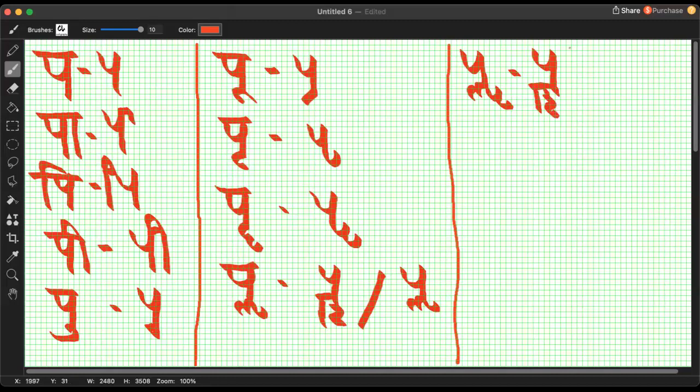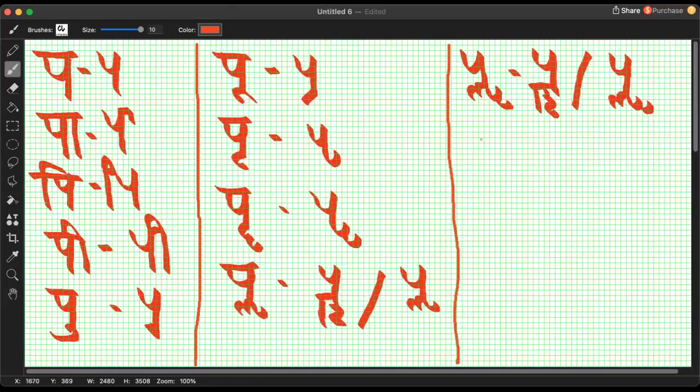Okay, this is Lr, or you can also write it in this way. This is also right.